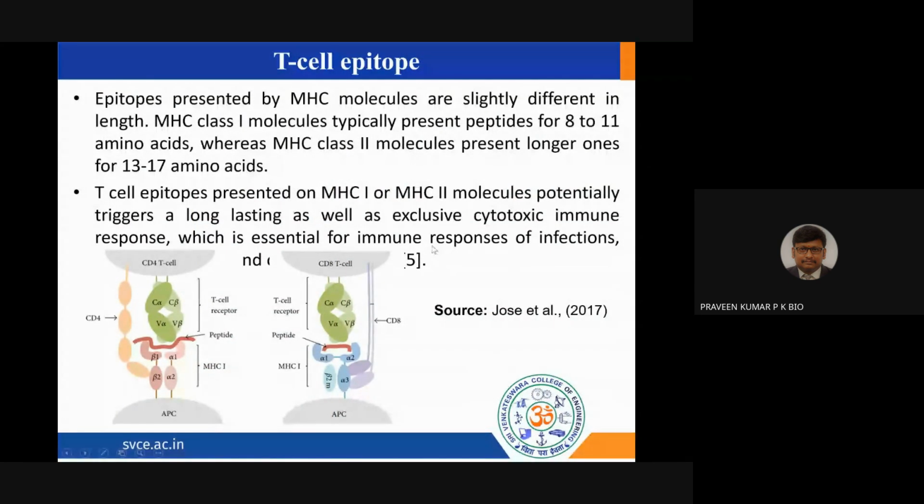Now we can go to the T cell epitope. Epitopes are of two types: T cell and B cell. What do you mean by epitope? The epitope is the region present in the T cell. If you see this, this can be considered the T cell epitopic region.